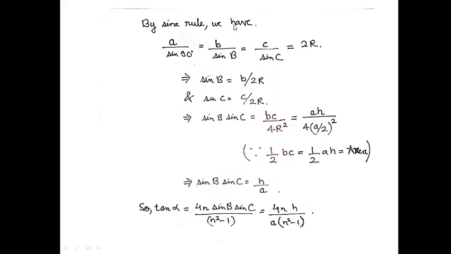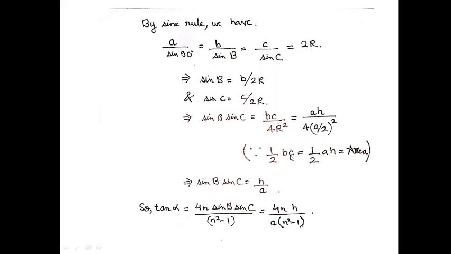See, by the sine rule applied in triangle ABC, a by sin 90 equals b by sin B equals c by sin C equals 2r. So sin B will be b by 2r, sin C will be c by 2r. So sin B sin C will be bc by 4r square, and bc is nothing but ah. Why?